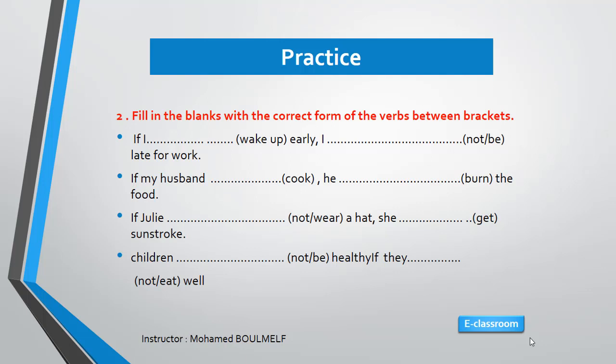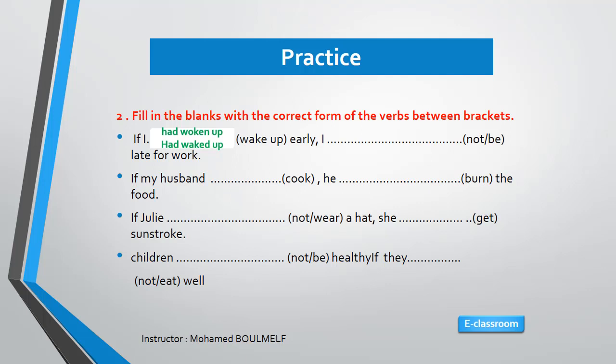So let's correct it together, guys. If I had woken up or had waked up, so both options are correct. So here, if you notice that we need to put had, that is part of the rule, okay? And we need to put the past participle of the verb wake up, that is woken up or waked up.